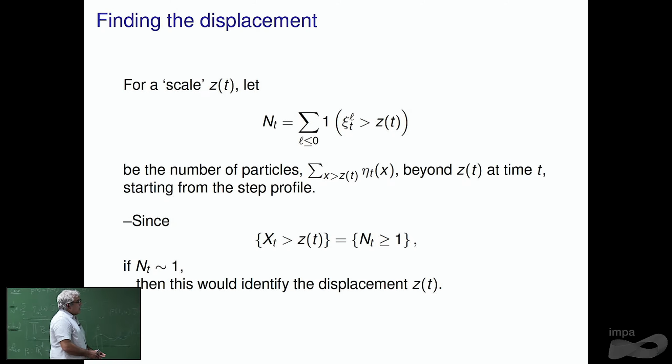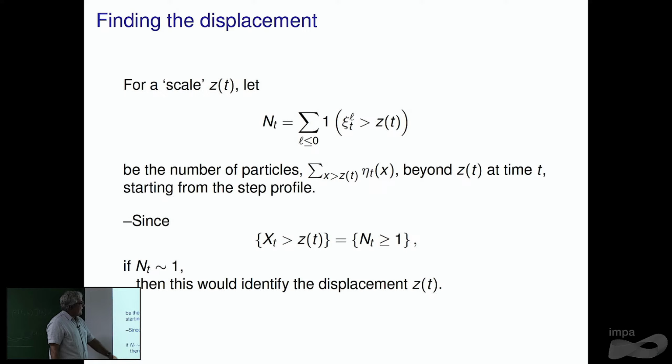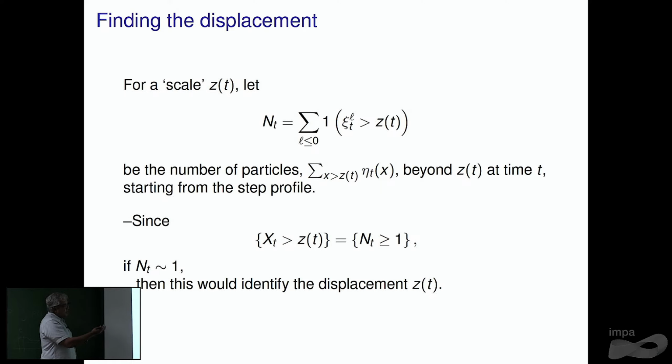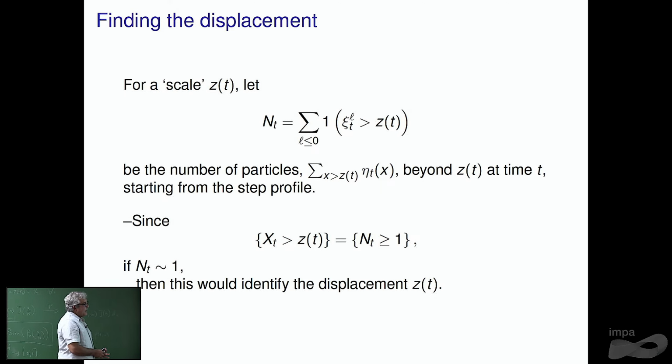So we said square root of t log t is the scaling. How to find that? Let's say z of t is the typical scaling. We want to figure out what it is. Let's count how many of these stirring particles or exclusion particles are beyond z_t.